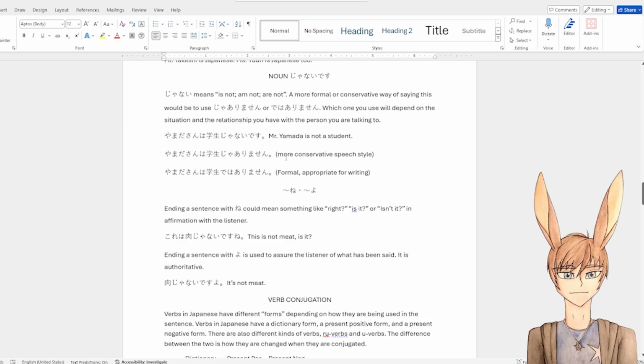When you use a conservative speech like this, it's typically for when you're speaking to someone who's in a higher position to you. Like higher up at a company. And then with this last one, Yamada-san wa gakusei dewa arimasen is said to be formal and more appropriate for writing. Like if you're writing a letter to someone and describing another person, then you would use dewa arimasen.